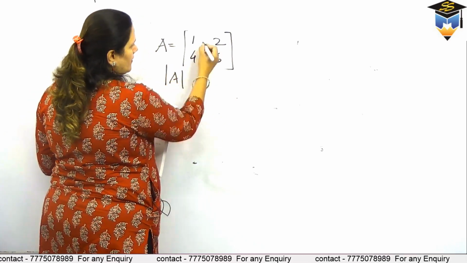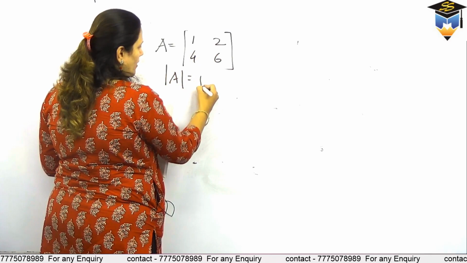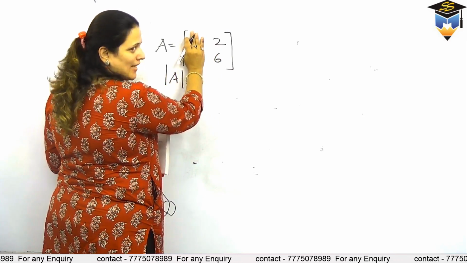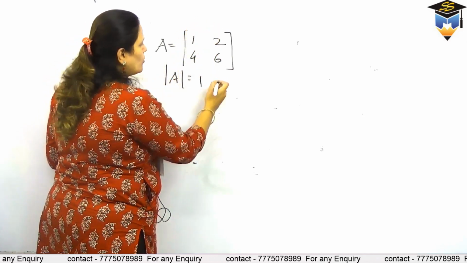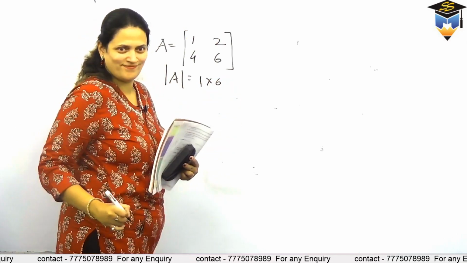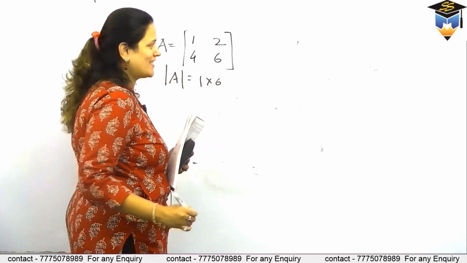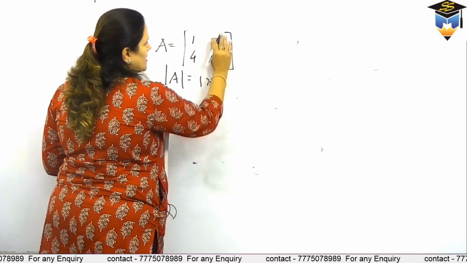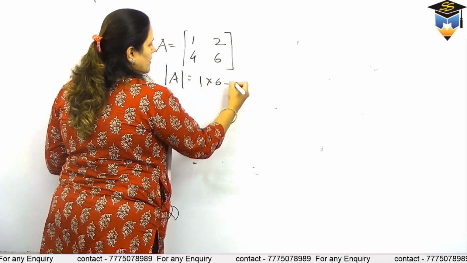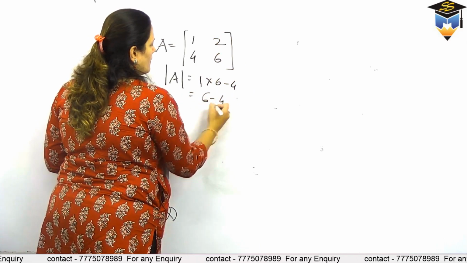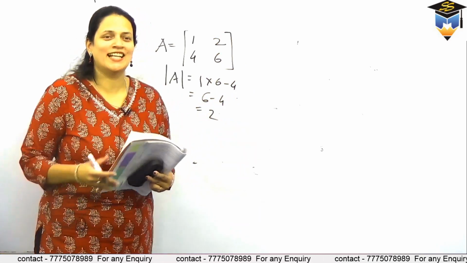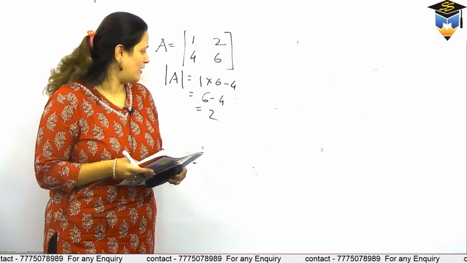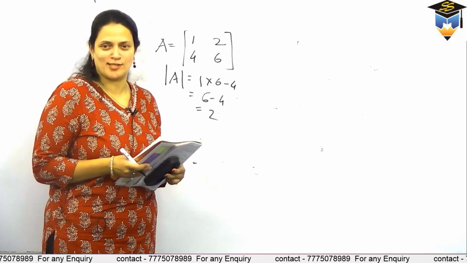Determinant A, 1, so skip that particular column and row, so 1 into 6. Yes? Is it right? Have you understood? 1 into 6, then I am going to take this, skip it. The determinant of this particular 2 by 2 matrix value is going to be plus 2.